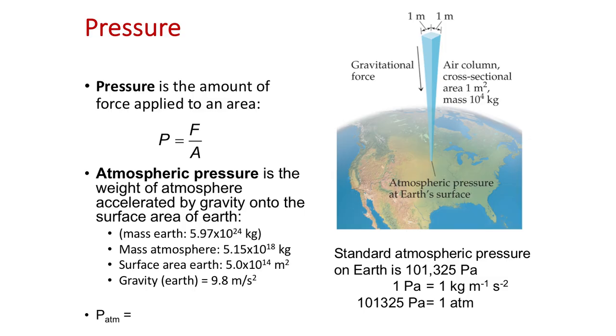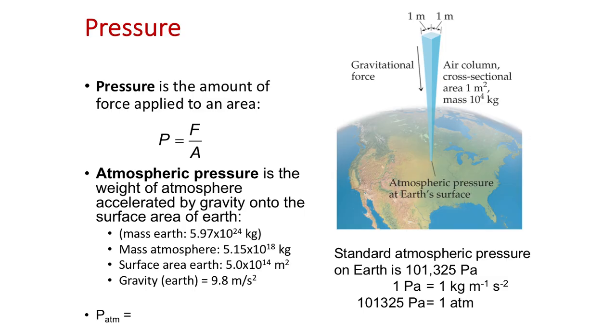We can think about what atmospheric pressure is caused by. The atmospheric pressure on Earth is caused by the weight of the atmosphere that's being accelerated towards Earth by gravity. If you could get out a balance and weigh the atmosphere, it turns out the atmospheric mass is about 5.97 times 10 to the 24 kilograms. Obviously, we didn't put that on a balance. That's approximated from whatever physicists can come up with.